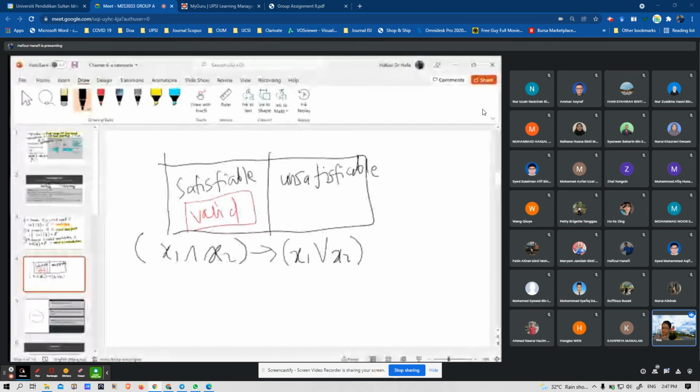This one is valid. We call it a valid statement. And then we have x1 or x2 implies x1. This one is satisfiable.